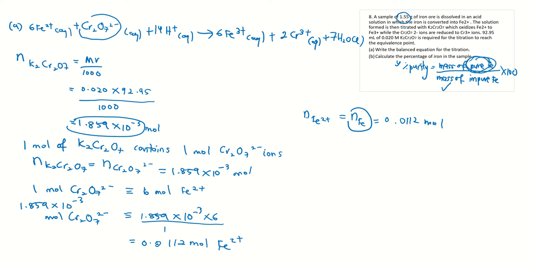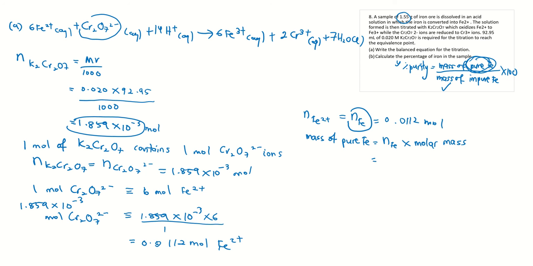Now we have the number of moles of iron, we have to determine its mass. Mass of pure iron equals mole of iron times its molar mass.